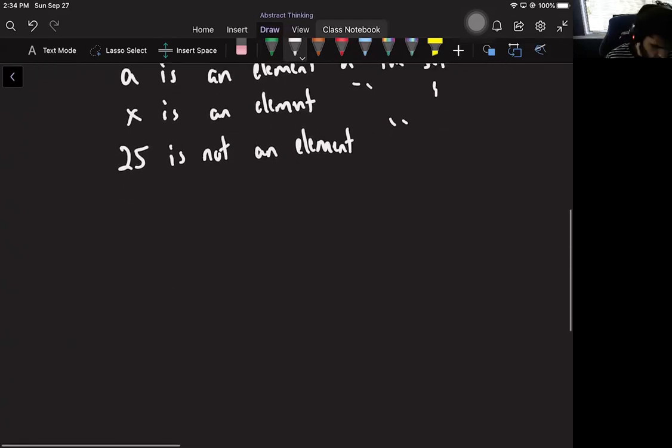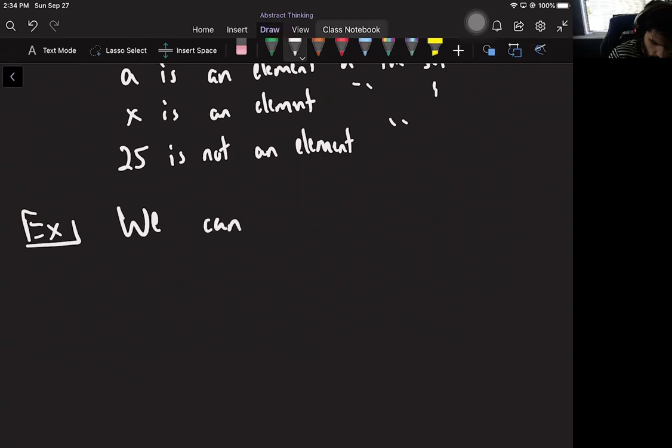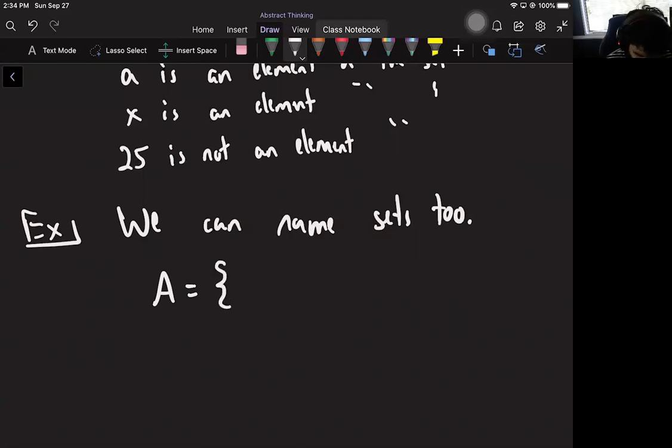And then, because we don't want to write so much, what we do is we name sets. So you can name sets too. This will save lots of time later. So for example, usually we use a capital letter for the name of a set. I could say A equals, and then write down a set.